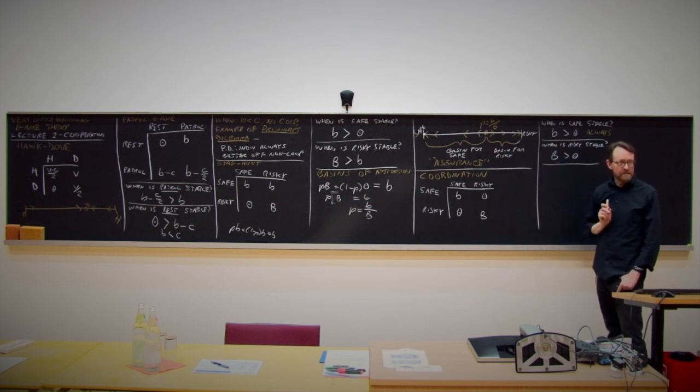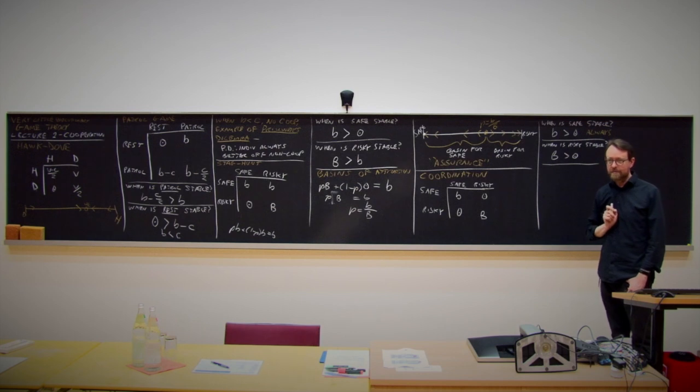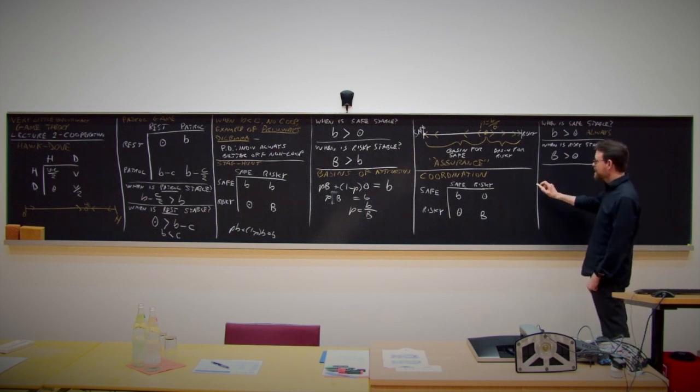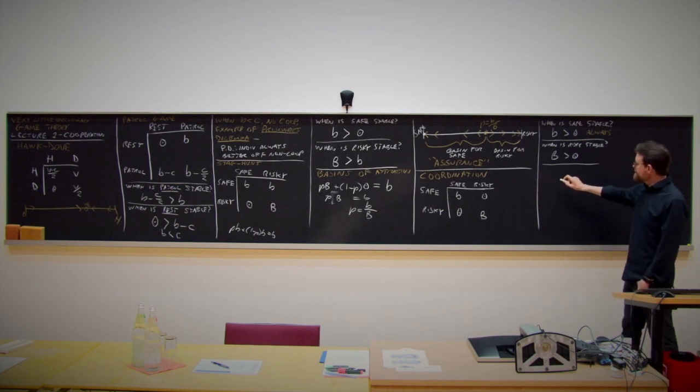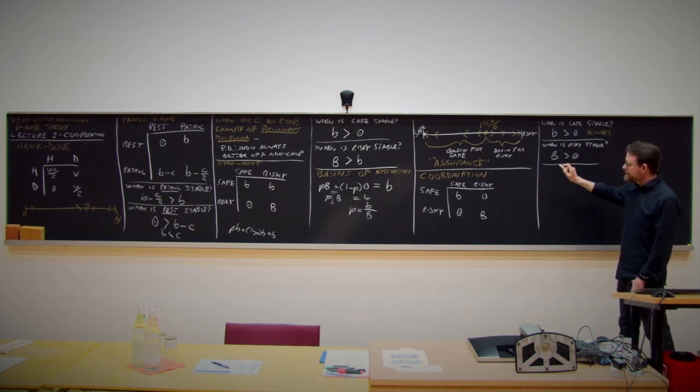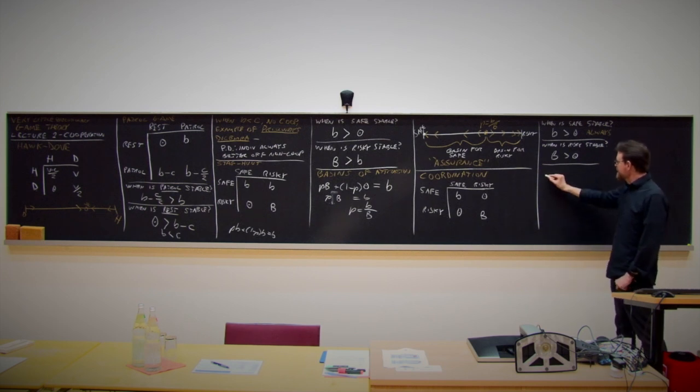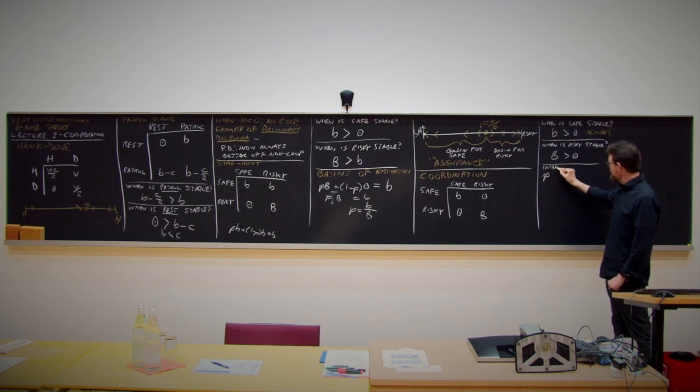So let's figure it out. This is a good exercise for you, yeah? You like watching me do algebra? Yeah? Okay. So, let P be the proportion risky. So the average fitness of risky, I should say, internal equilibrium.